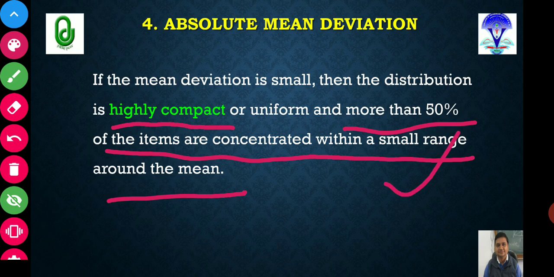So if you are getting a very small absolute mean deviation, then your data is very compact, it is uniform, and more than 50% of the items are concentrated within a small range around the mean. So this is the usefulness of absolute mean deviation. You can know the spread of the data, or you can compare the spread of two different data sets.